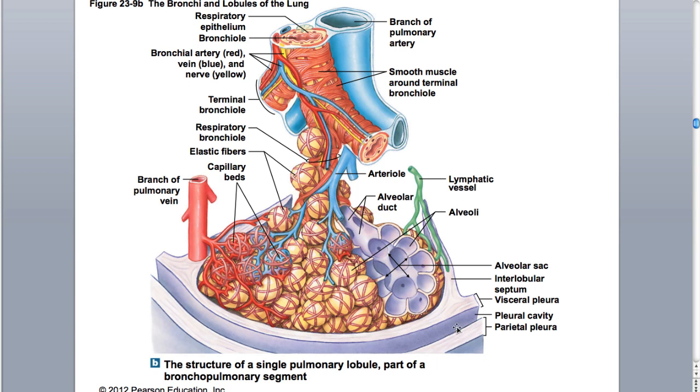Now, the other thing to get out of this important picture is this one. Here we see the visceral pleura. Then we see the pleural cavity, the space, that's what a cavity is, pleural cavity. And then we see the parietal pleura. So just like the heart, we have a sac covering it. The heart was called pericardial sac.